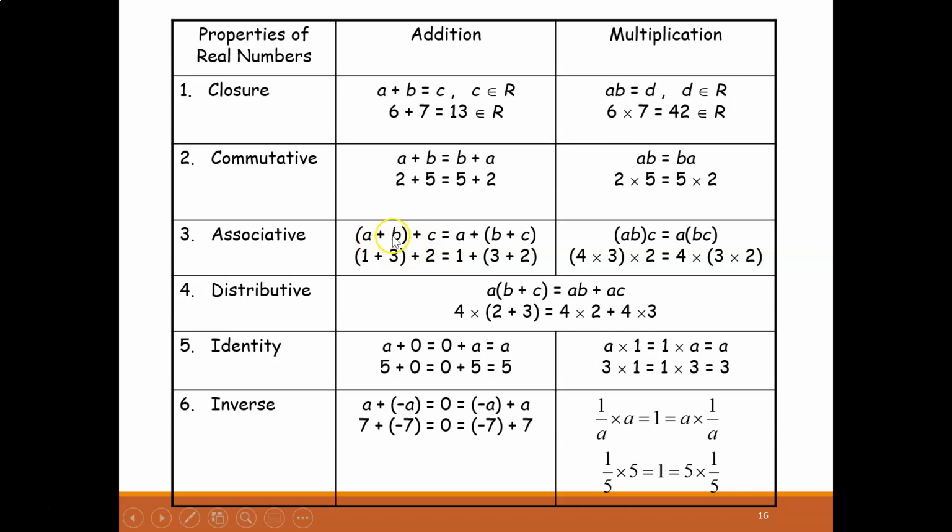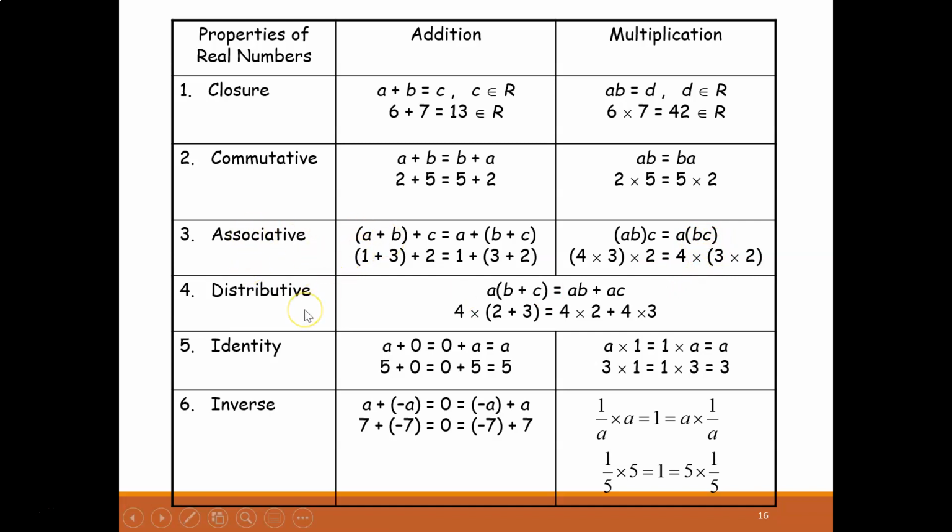We have bracket A plus B bracket plus C is actually equal to A plus bracket B plus C. So the bracket is dekat mana pun, wherever the bracket will be, the answer is still the same. Okay, sama juga like this one. A, B bracket, and then you multiply with C. It's also similar with this one. A bracket B, C. So the answer is similar. So associative will play with bracket.